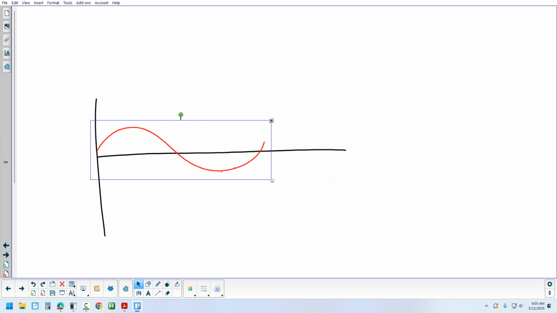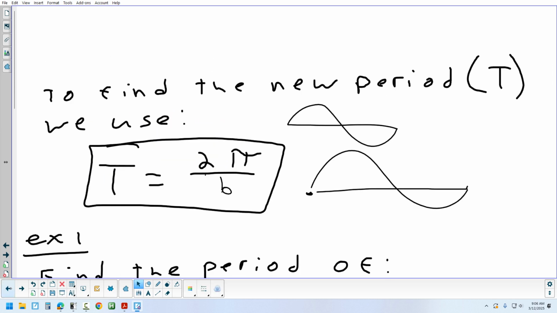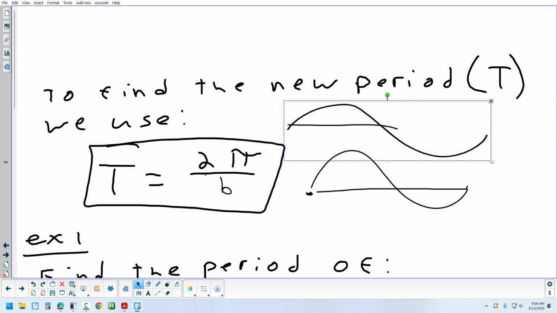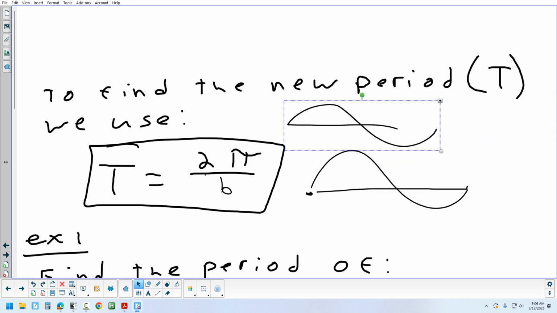Sometimes it doesn't let me distort it. Well, I know I had one on the other page that it was working for. Let me try this one. There we go. Okay. So what I want you to do is kind of keep your eye on this point right there. I'm going to stretch that graph out.